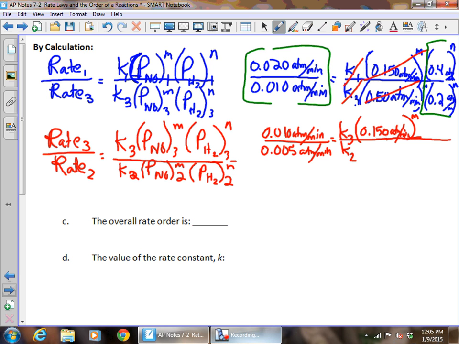The pressure of H2 for reaction 3 is 0.2 atmospheres. Now remember, now we can raise that to a 1. For the second reaction, this is 0.075 atmospheres, and it's not atmospheres per minute, guys.